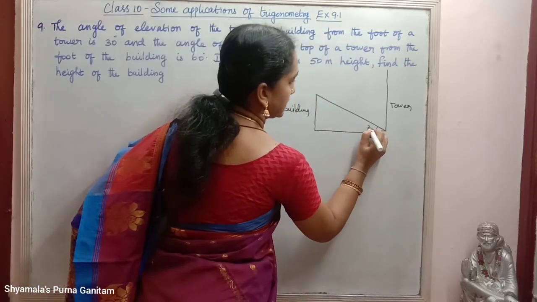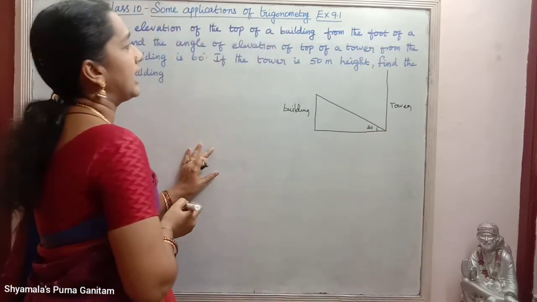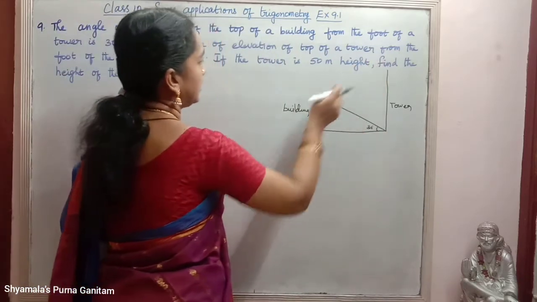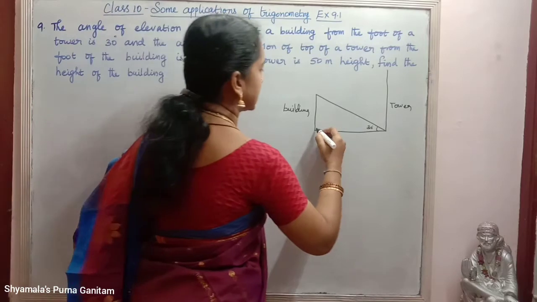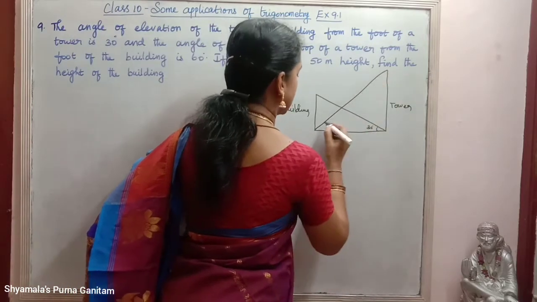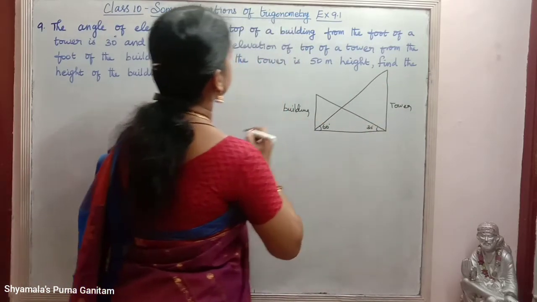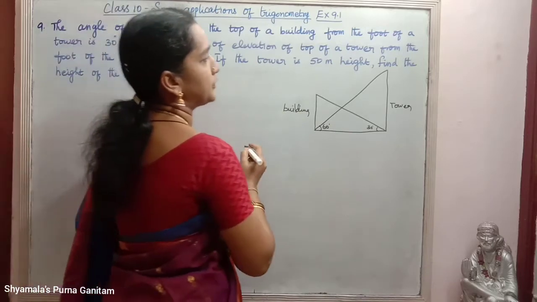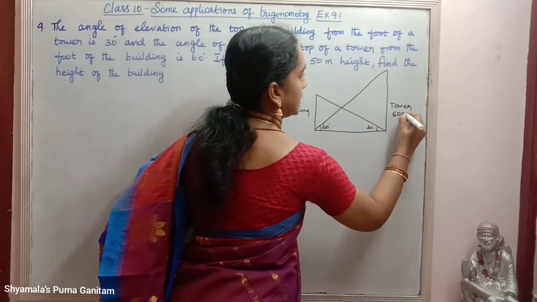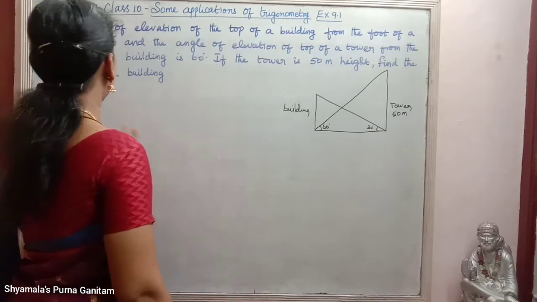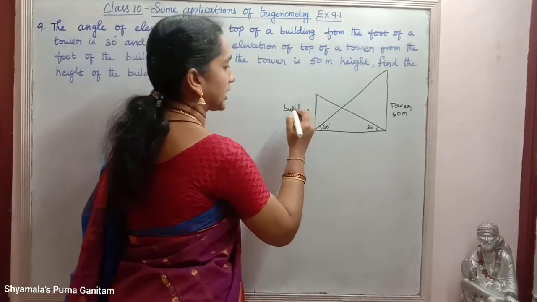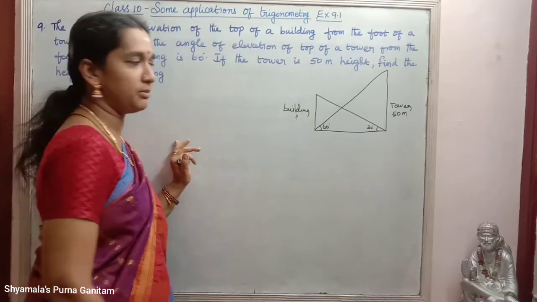So this is given as 30 degree. And the angle of elevation of the top of a tower from the foot of the building is 60 degree. So this is given as 60 degree. If the tower is 50 meter high, find the height of the building. So we are asked to find the height of the building.